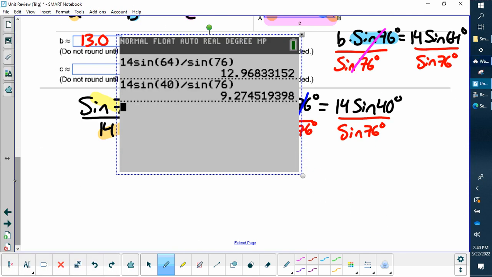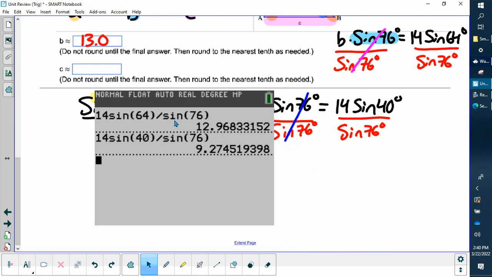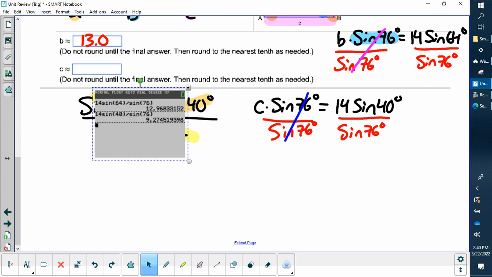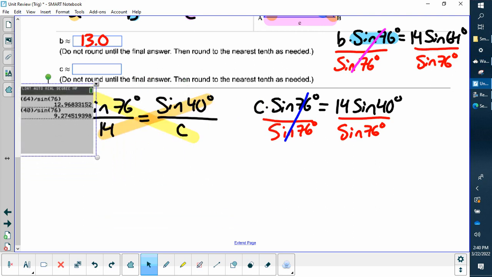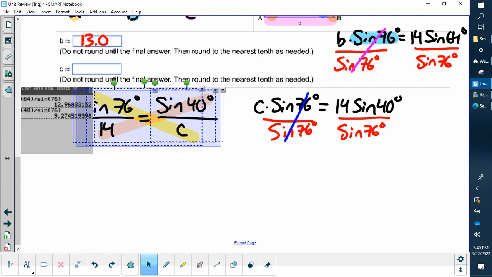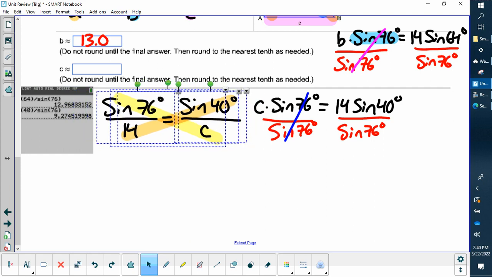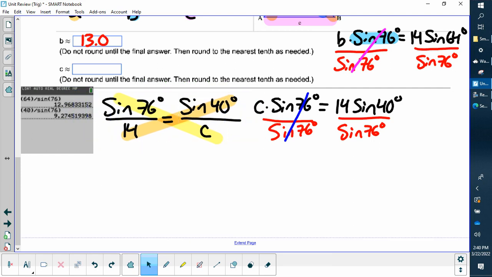I'm going to scroll down and get them out of the way here. And again, it says round to the nearest tenth. So on both of these, that was my 13.0, and this one would be 9.3. Okay, next problem.